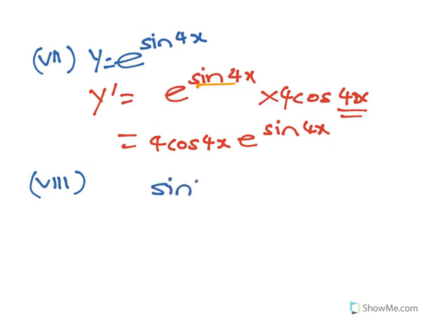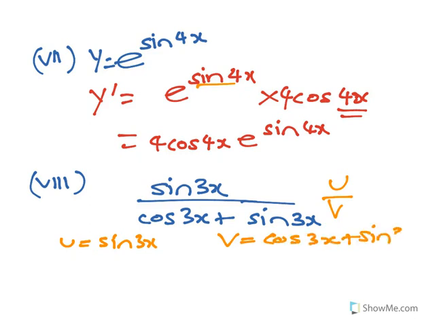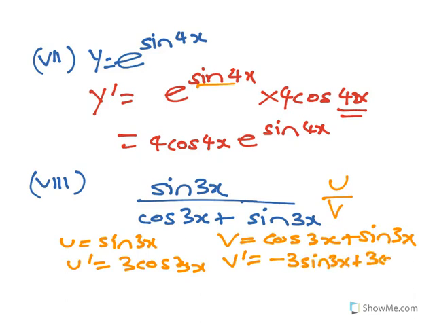So if I had sine 3x over cos 3x plus sine 3x, this is a u over v. So u is sine 3x and v is cos 3x plus sine 3x. So u dash is 3 cos 3x and v dash is minus 3 sine 3x plus 3 cos 3x.